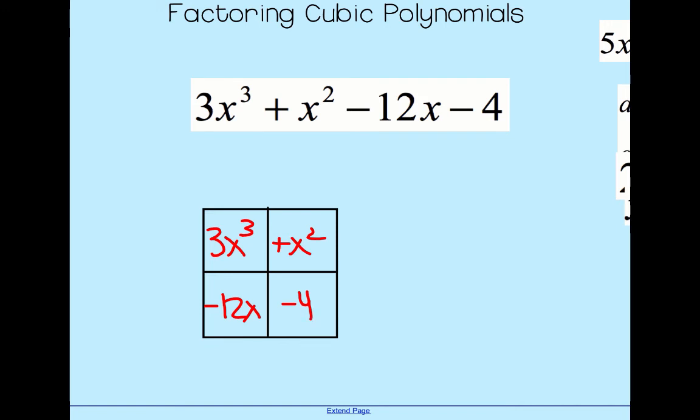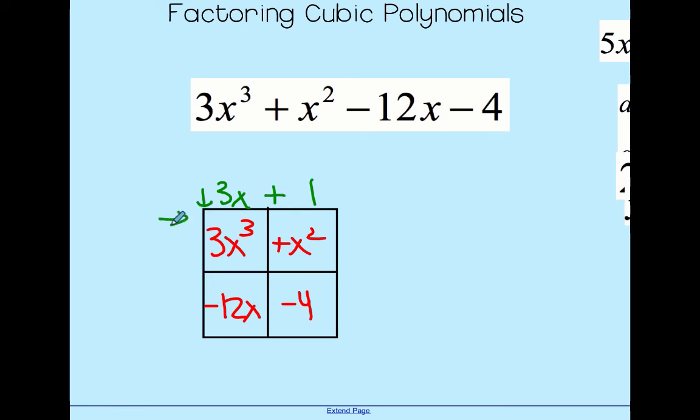So 3 and negative 12 have a 3 in common. Positive 3 because the 3x cubed is the first one. And x is the common factor. X squared and negative 4 have nothing in common except a 1. So I put a 1. And it's positive 1 because positive 1x squared.